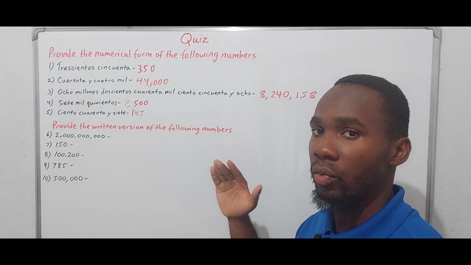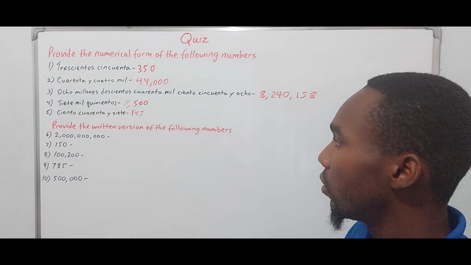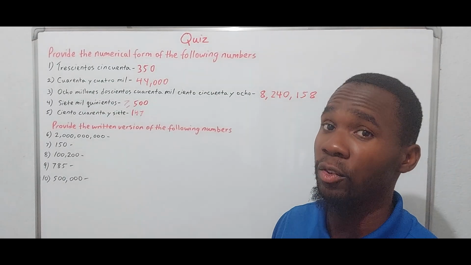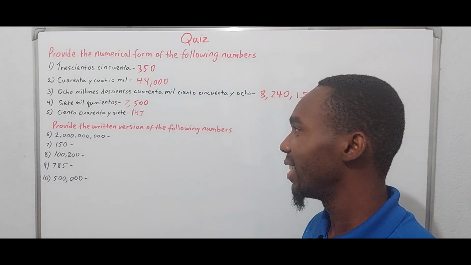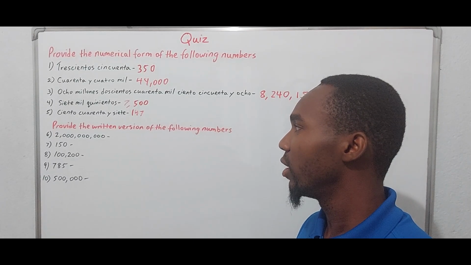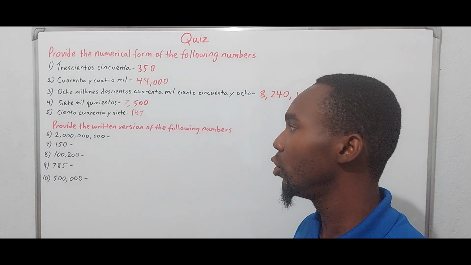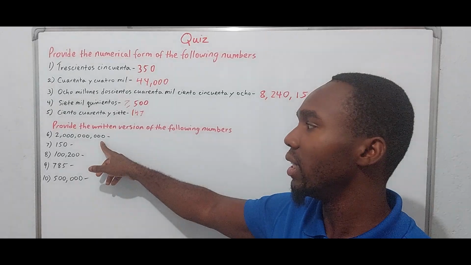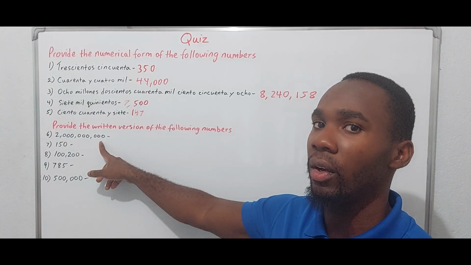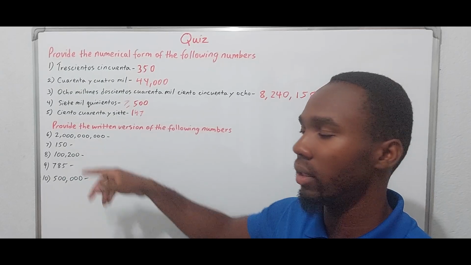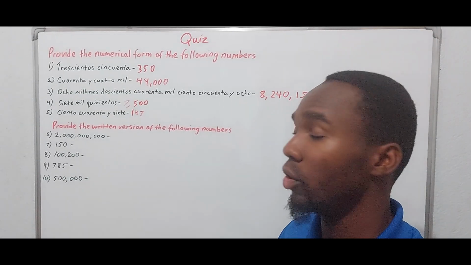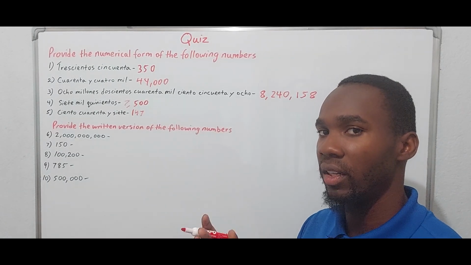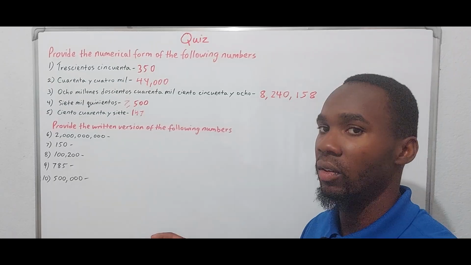Now let's proceed to the second section, the written form. Now, you actually have to know your numbers. 6. We have 6. We have 2. How many zeros? We have 9 zeros. So that would be what? Billion. All right. I know with billion, what is the formula? We have the number plus mil millones.